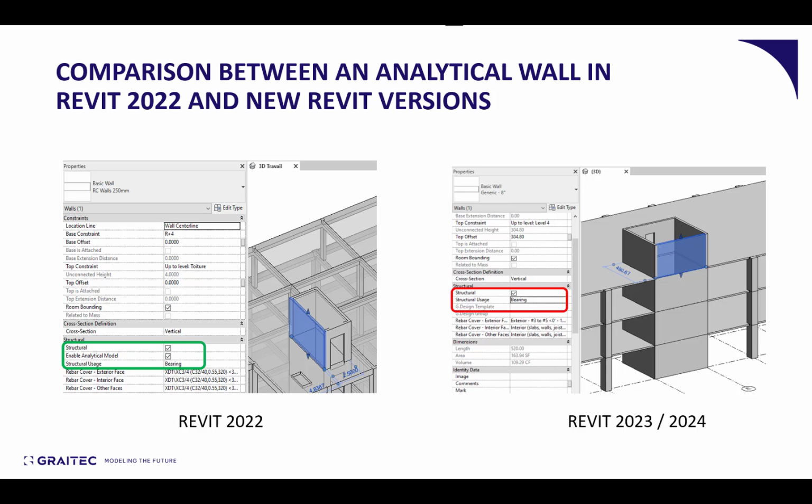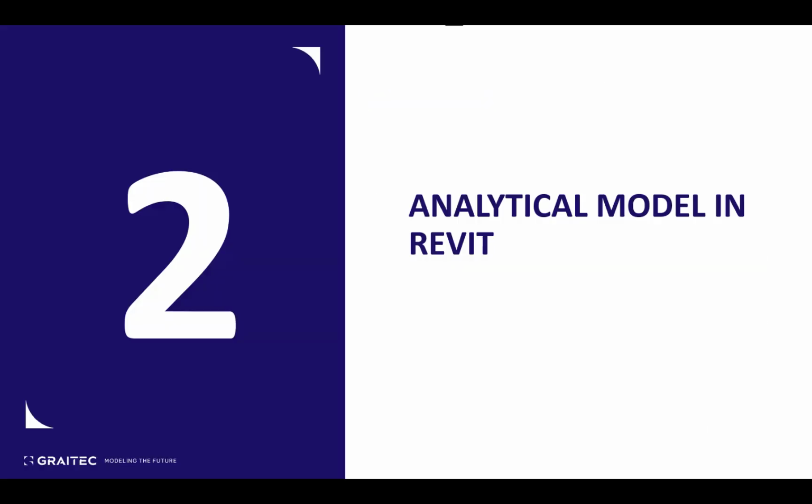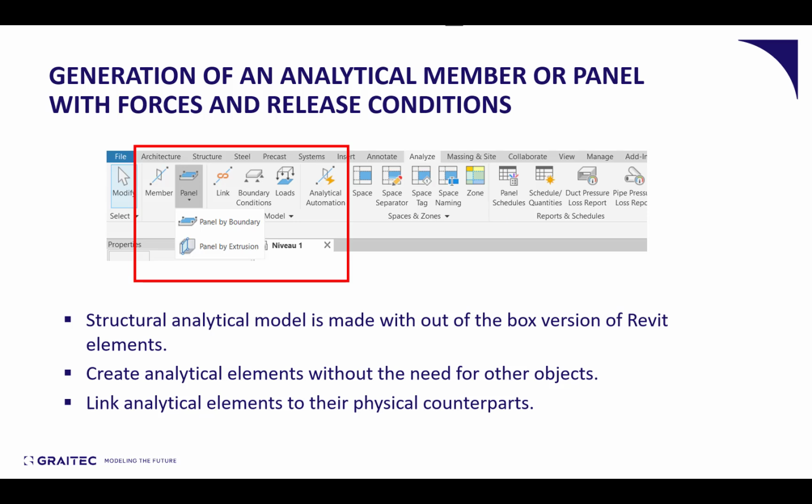So it's very flexible. Now you can create from scratch an analytical model in Revit without having a physical model, and so there is much more flexibility and versatility to this new concept. Really a quick overview of what Revit is proposing.